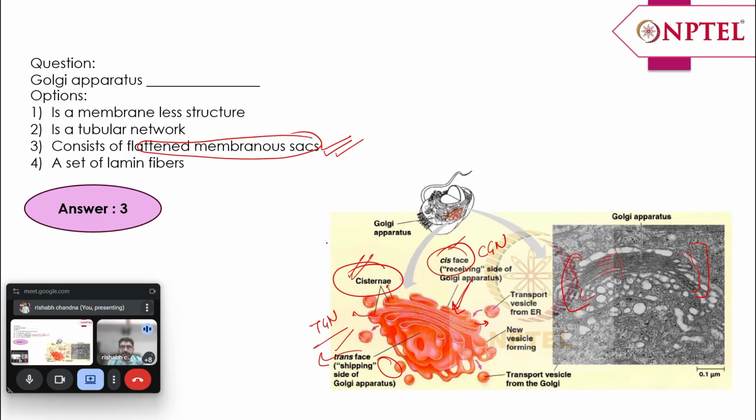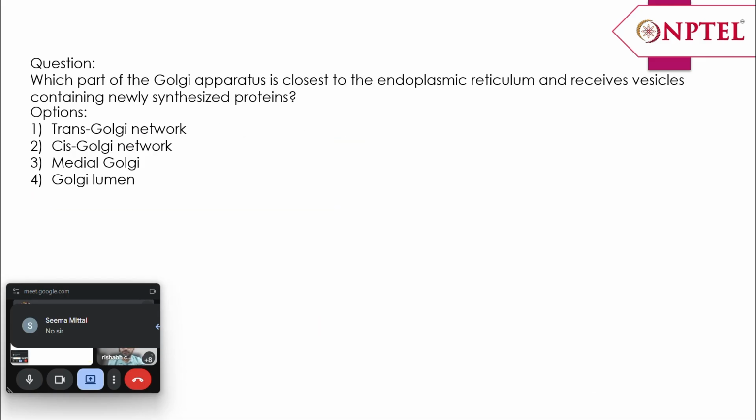Okay, so any doubts in this particular question? Okay, so let's move forward. Which part of the Golgi apparatus is closest to the endoplasmic reticulum and receives vesicles containing newly synthesized protein?